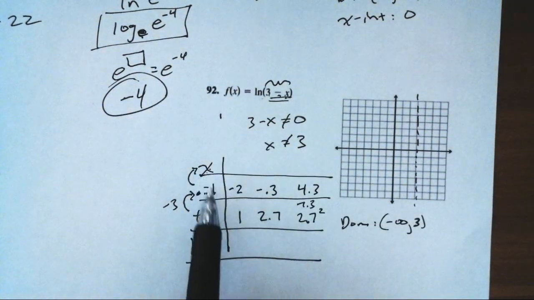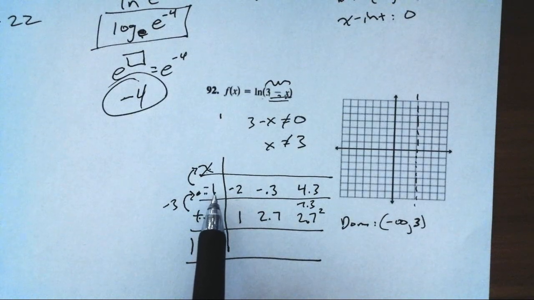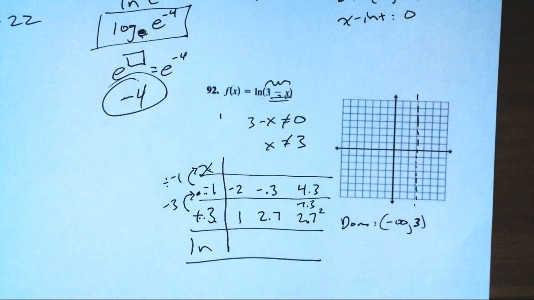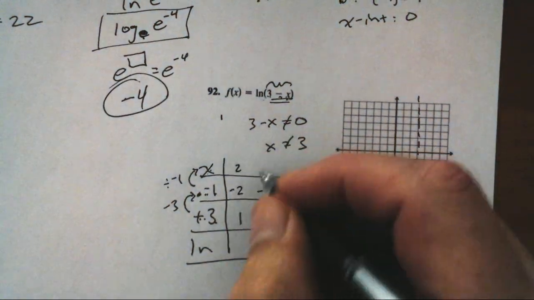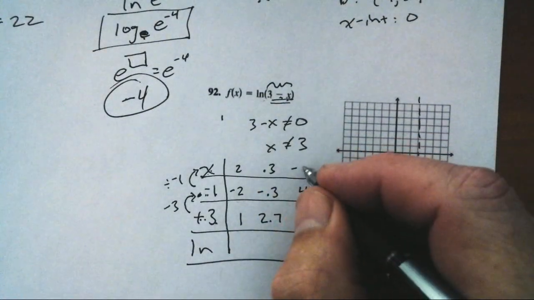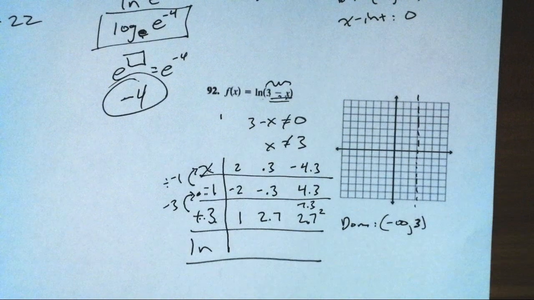To get from row A to row B, I multiplied by negative 1. To get back, I divide by negative 1, or multiply by negative 1, as the case may be. So this becomes 2, this becomes 0.3, and this becomes negative 4.3.